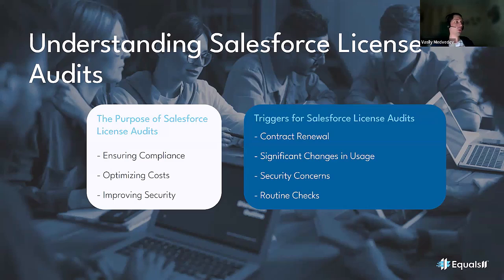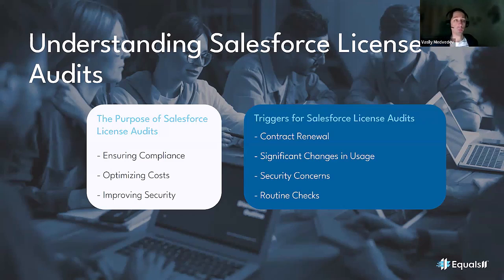We see which objects you have access to, or which fields, and this relates to compliance with GDPR and personal data. It could also be found during these license audits. That's the purpose. And on the right side, we have triggers for the Salesforce license audits.